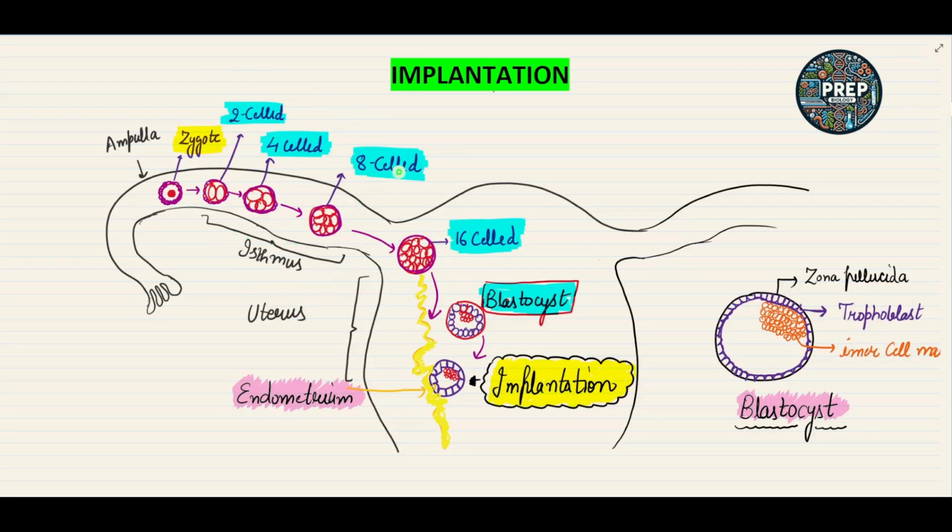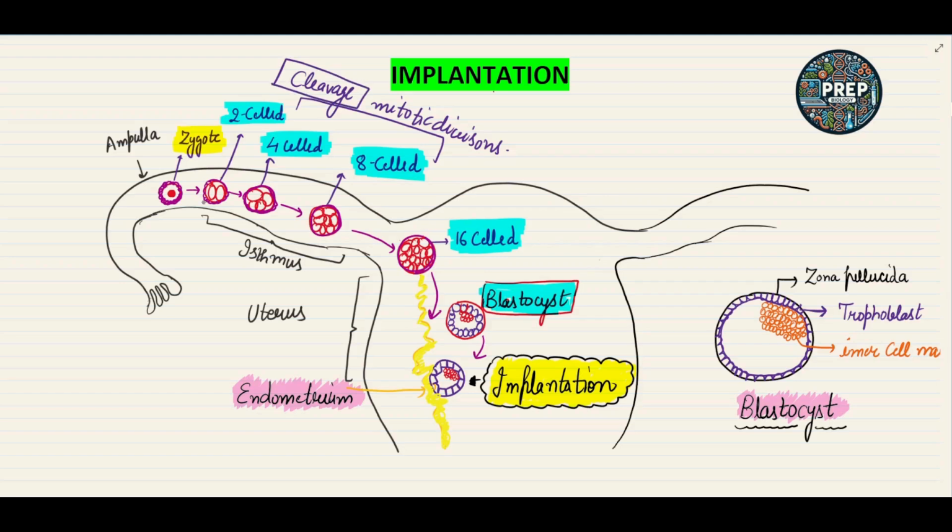In the isthmus, different mitotic divisions occur, and that process is called the cleavage process. This is important.